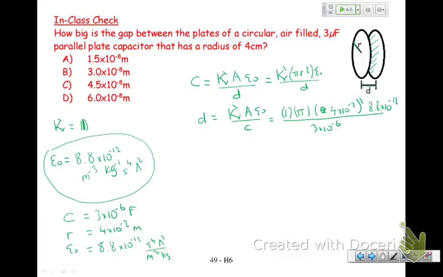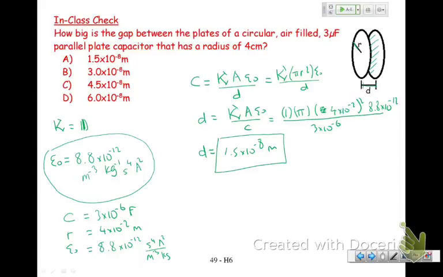And I worked this out on my calculator: pi times 4 EE minus 2 times 4 EE minus 2 times 8.8 times 10 to the minus 12 over 3 times 10 to the minus 6. And I get 1.5 times 10 to the minus 8 meters. Cool.